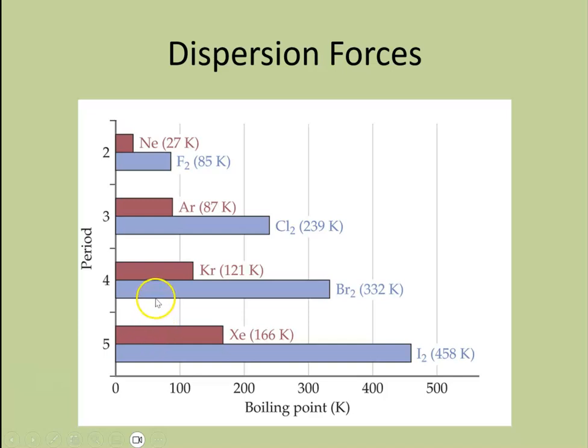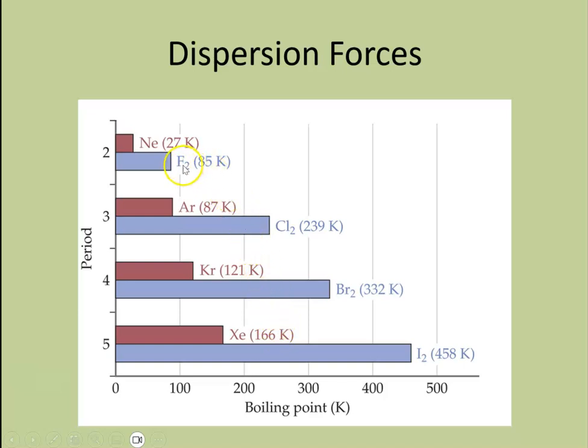And this is their boiling points. While these are all gases at room temperature, because room temperature in kelvins, as you'll recall, is in the 290s, their boiling points do increase from 27 kelvins for neon up to 166 kelvins for xenon.